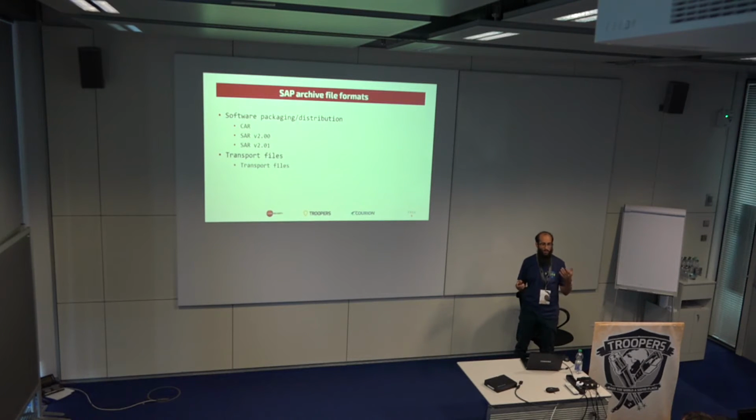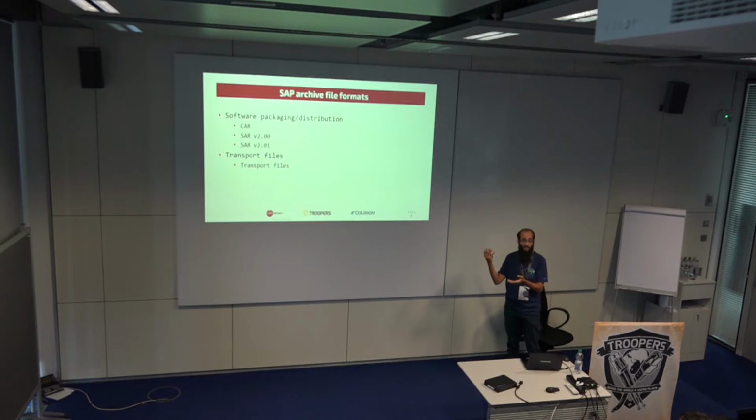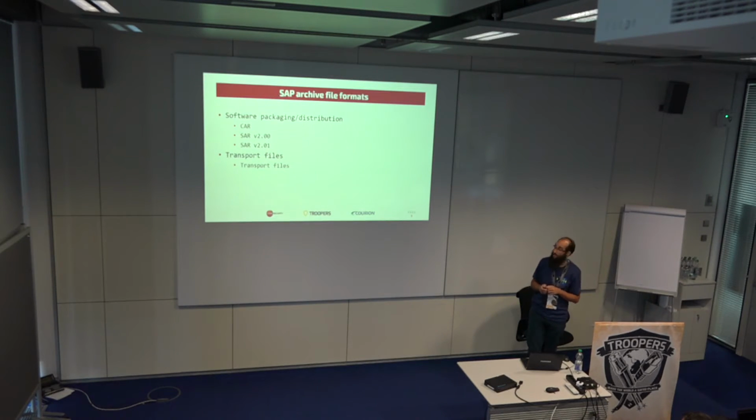So when you use the transport management system that SAP has for transporting objects from one system to another, for example, from a development sandbox to a QA environment, or from QA to production, the objects inside SAP are bundled and compressed in a particular file format that is put on the transport directory, and from that transport directory, the target system loads the information and imports it into the target SAP system.